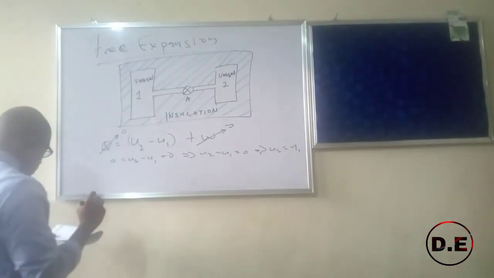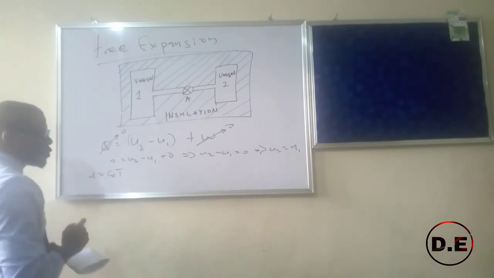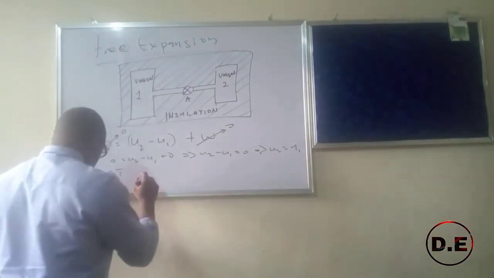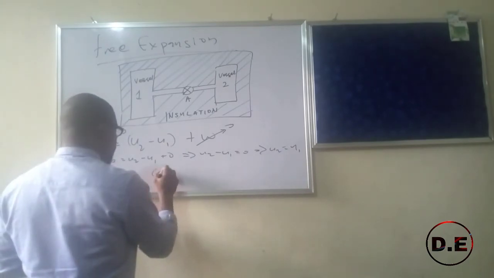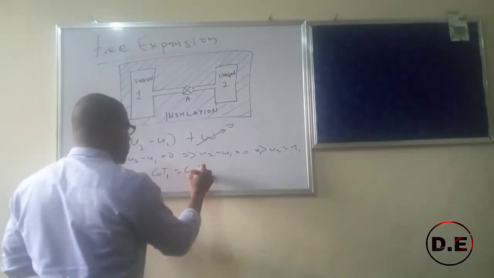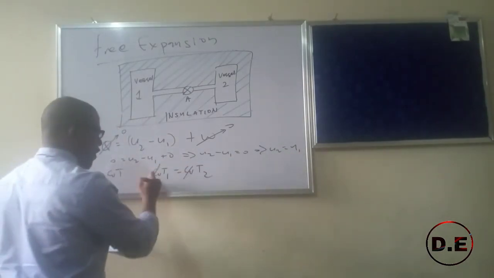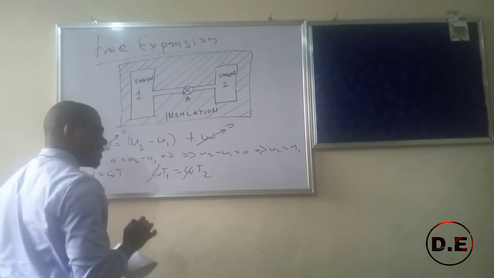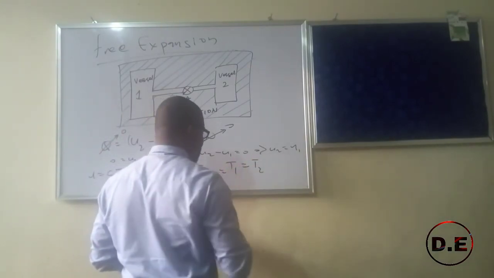Also recall that for a perfect gas, U is equal to CvT, so I can write CvT1 is equal to CvT2. Okay, so if these two terms go out, then we can state that T1 is equal to T2.